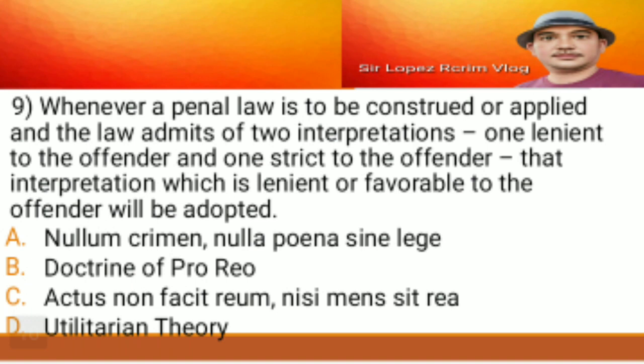Letter C, actus non facit reum nisi mens sit rea. Or letter D, utilitarian theory. The correct answer here is doctrine of pro reo. Yan. So if the criminal law admits two interpretations, one lenient to the offender, one strict to the offender, the one that is going to be followed is the law which is lenient to the offender. Ang tawag natin sa doktrina na yan ay doctrine of pro reo.